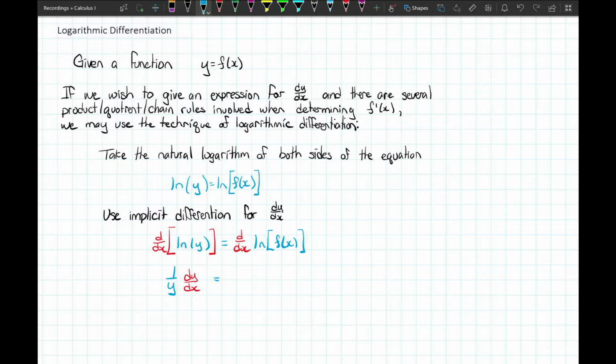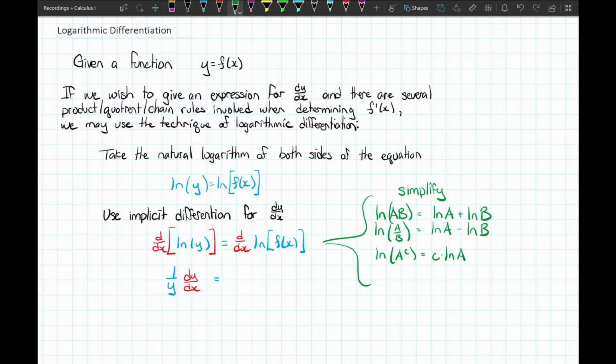But this is really the important part here. On the right-hand side, when we have the logarithm of the function f of x, if there are several products or quotients or chain rules, then we can probably use properties of logarithms to simplify. Here are the three important properties of logarithms that you can use to simplify that right-hand side.